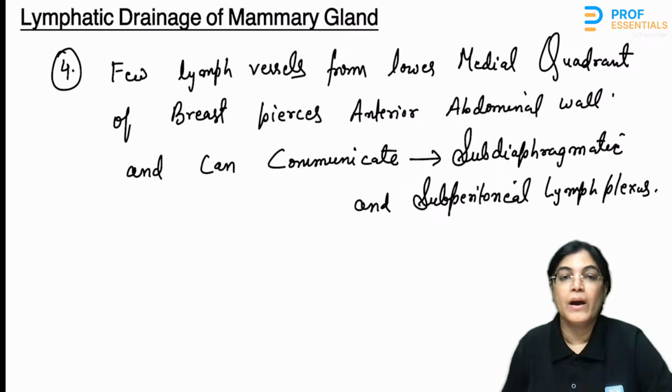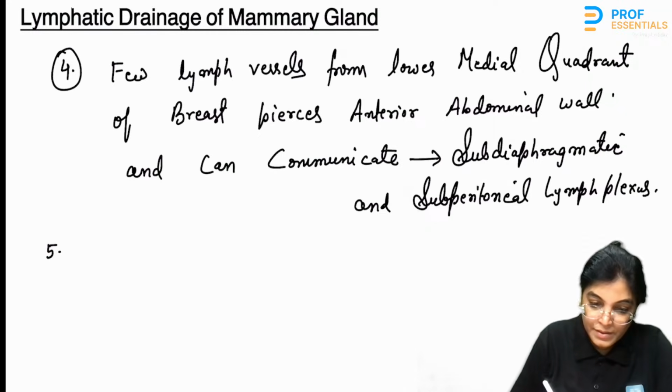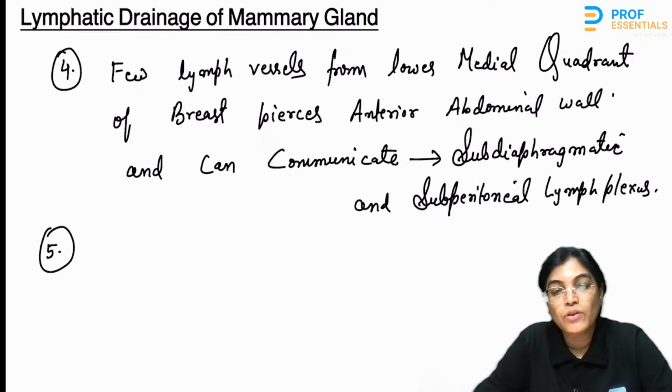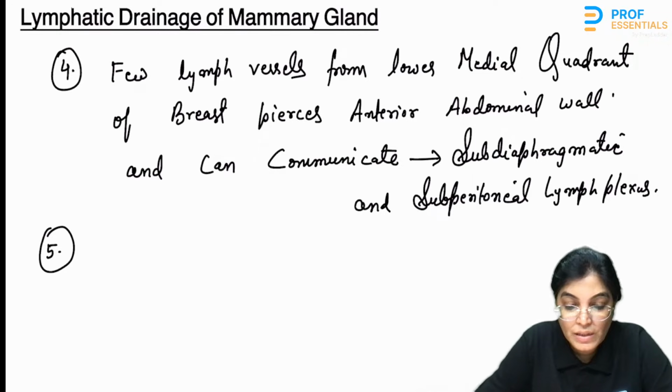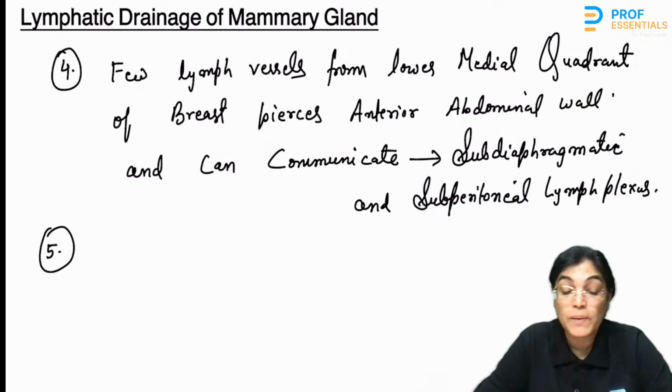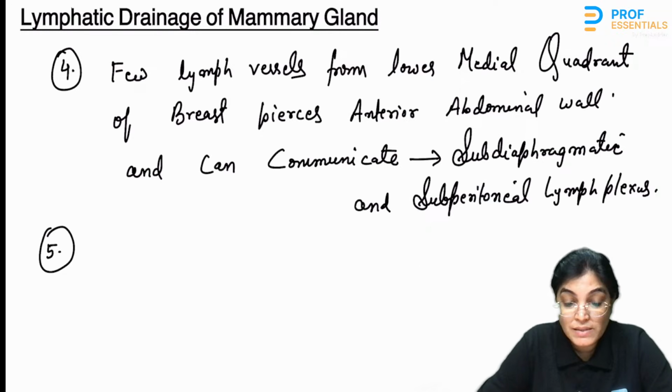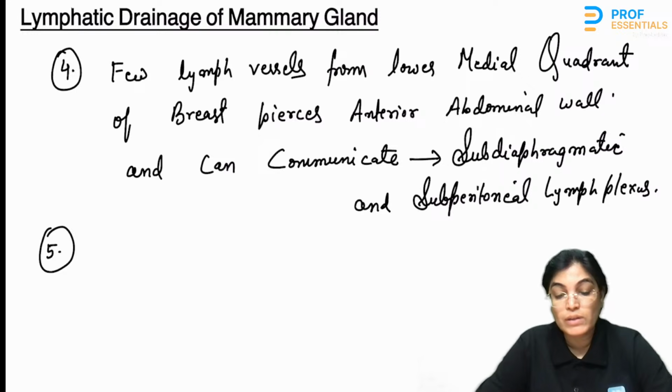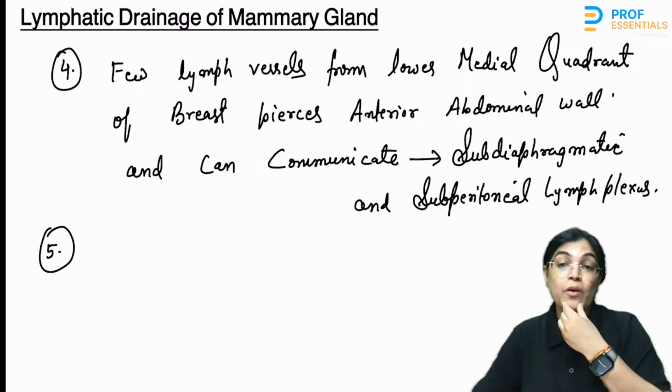Okay, now the fifth point. The lymph vessels from the deeper aspect of the mammary gland can pierce the pectoralis minor muscle and the clavipectoral fascia to also drain into the apical group of axillary lymph nodes.